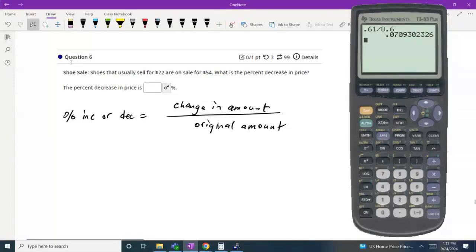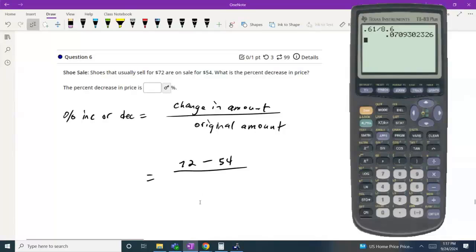So if we look at our change in amount, it says that the shoes usually sell for $72, right? That was the starting amount. And now they're on sale for $54. So that's going to give me my change in price or my decrease.